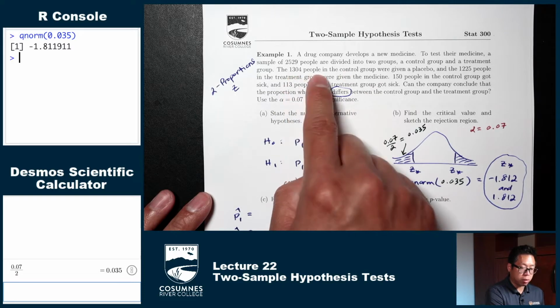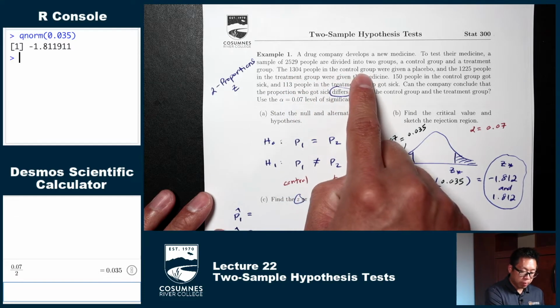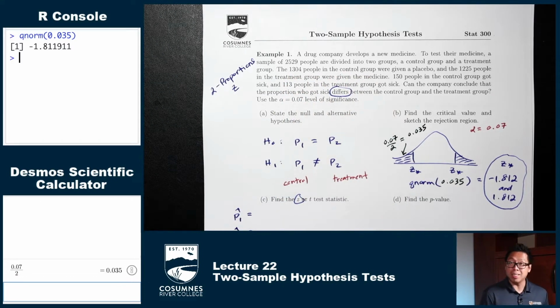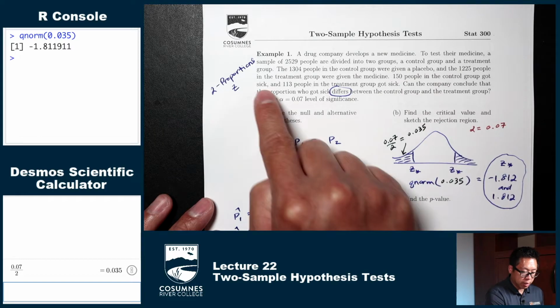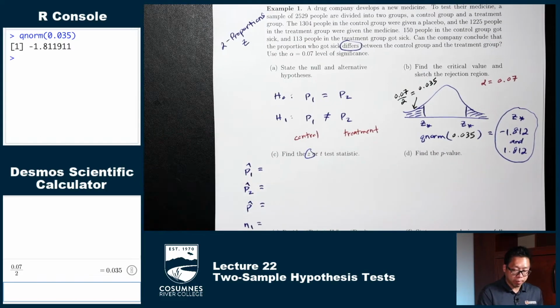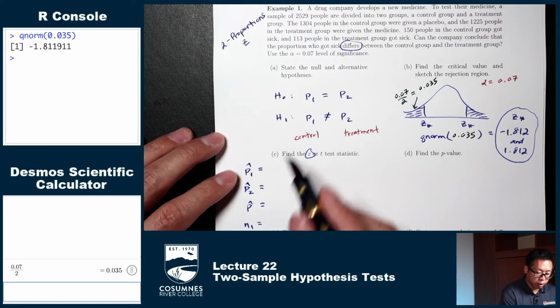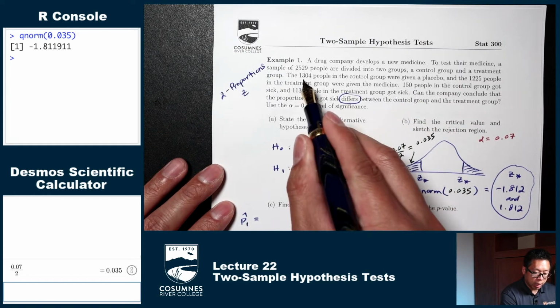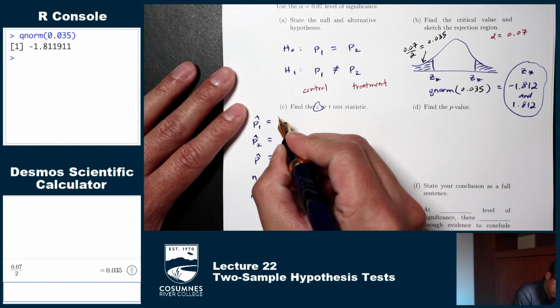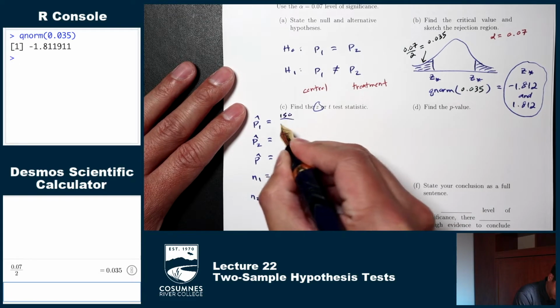And then we're talking about how many people got sick. So how many people got sick in the control group? 150 people in the control group got sick. So P1 hat is the proportion of the control group that got sick. That's going to be 150 out of 1304.